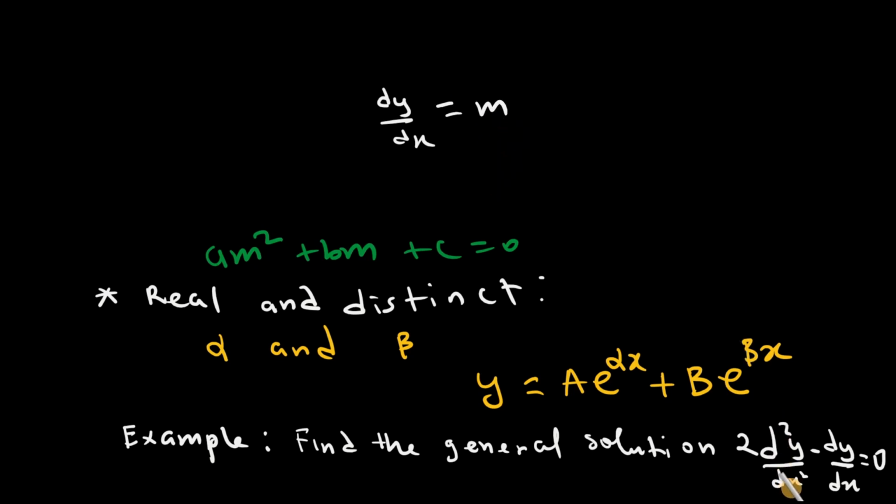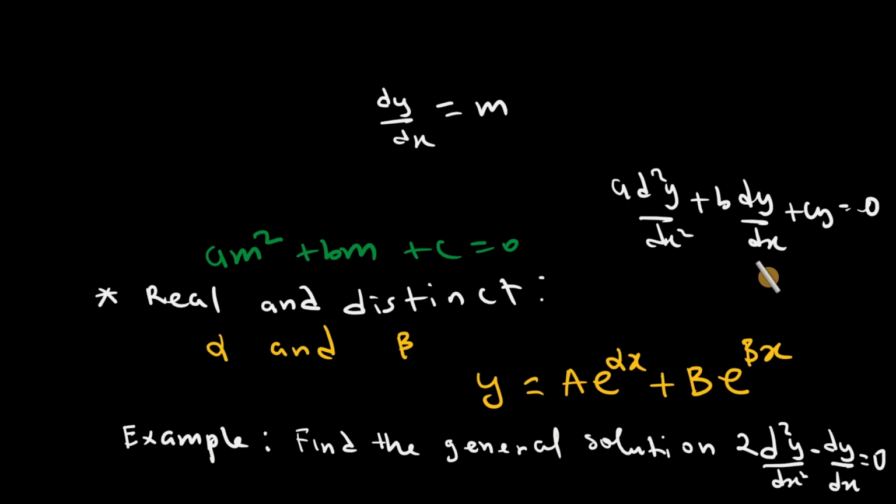If I compare this to the general form a d²y/dx² + b dy/dx + cy = 0, you will see that the term cy in this differential equation is equal to 0. If the term was there, to get the auxiliary equation we take dy/dx equal to m and y equal to 1 in this term.